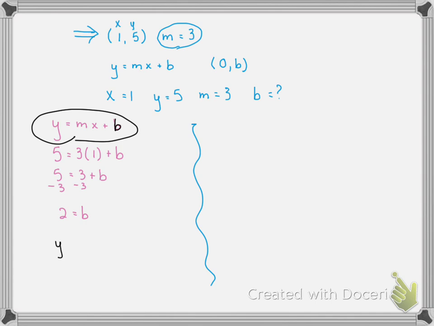So y equals, and we know the slope, and we also now know the b value. Okay, so in order to write an equation of a line when you're given a coordinate xy point that's not the y-intercept, along with the slope, you can use y equals mx plus b, and then you have to solve for b.